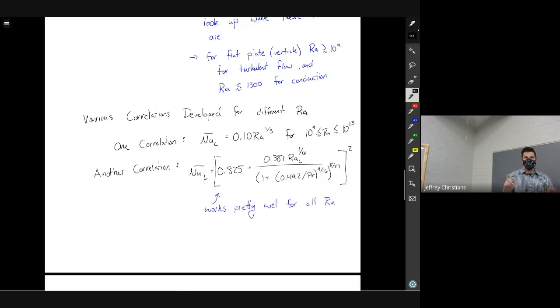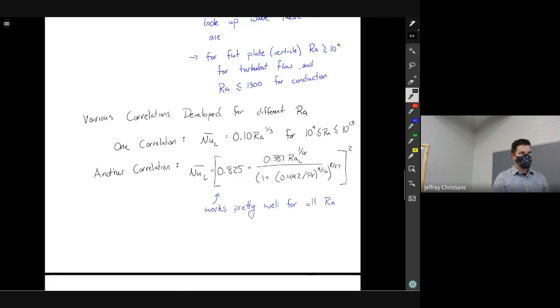And okay, maybe there's a slight tweak because of Prandtl number, because that's going to be important too. So we know what the fundamental quantities are that go into the model. And then we take our data and look at it until we get the prettiest fit to the experimental data that we have. And sometimes that ends up looking big and ugly and gross like that.